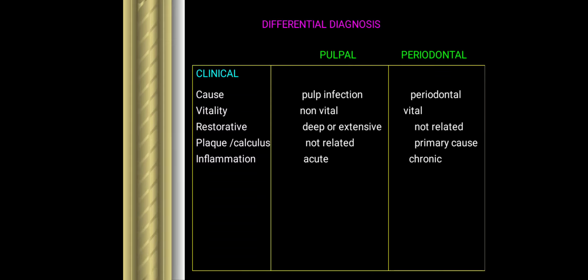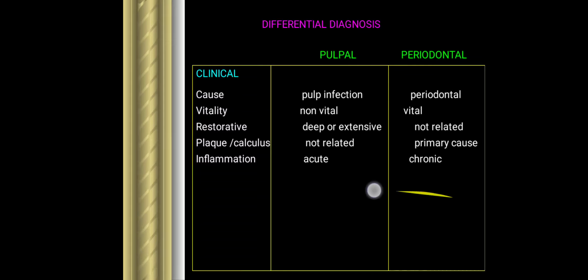If restorative procedures have been carried out previously, then a deep and extensive lesion may be the cause of the pulpal disease, and in periodontal disease, restorative procedures are not related anywhere. Plaque and calculus are the primary cause of periodontal disease, but they are not related to pulpal disease. Inflammation will be acute in pulpal disease and chronic in periodontal disease.